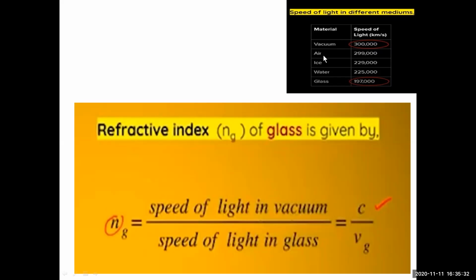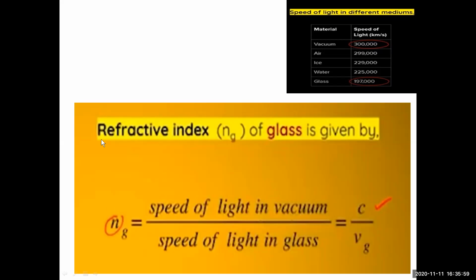Whereas in the air, the speed of light is 299,000 kilometers per second. In the ice it is lower, that is 229,000. In the water, 225,000. In the glass, 197,000 kilometers in 1 second.